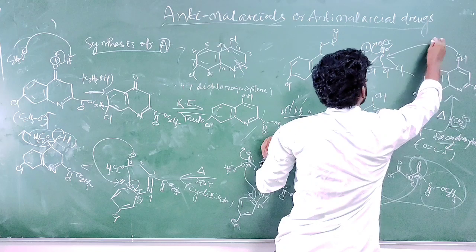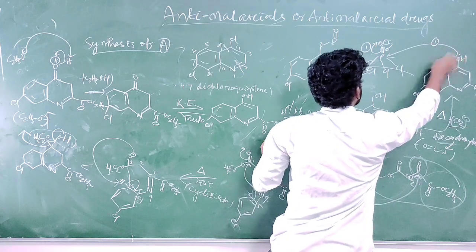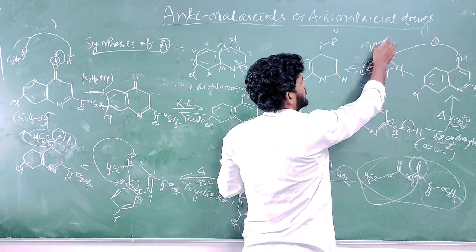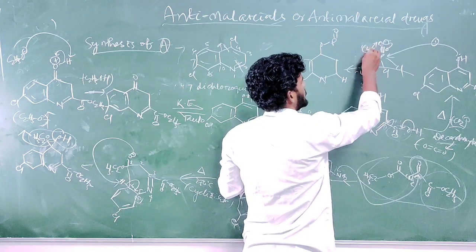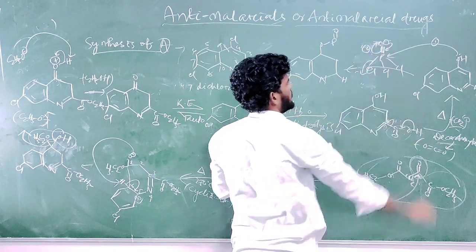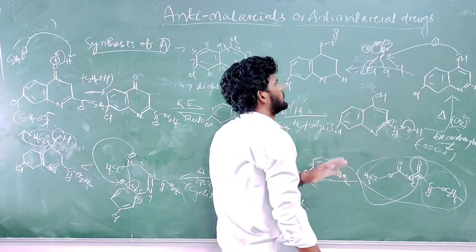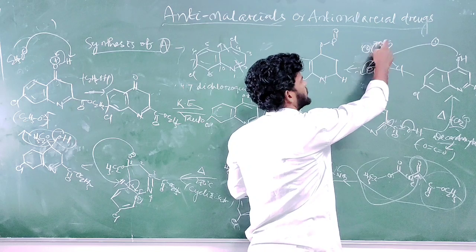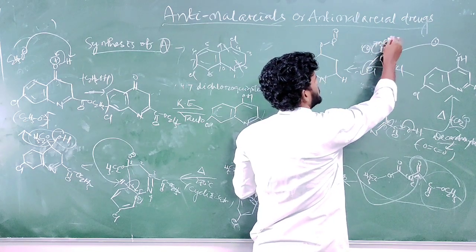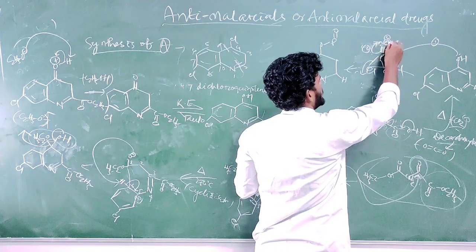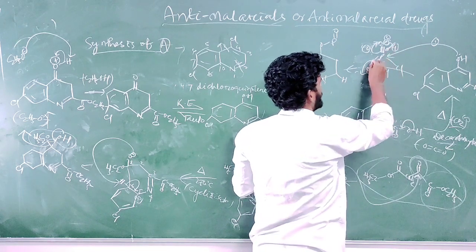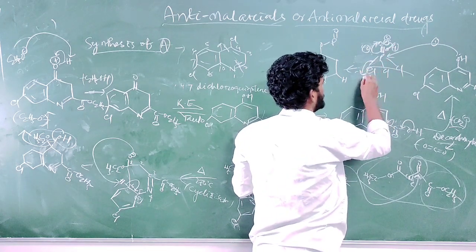The lone pair attacks phosphorus. This bond moves over to oxygen, then negative charge forms. This is the second step. This bond moves over to oxygen, there is negative charge over oxygen, this is the third step, the negative charge returns back to phosphorus, this is the fourth step, and this chlorine group releases, this is the fifth step.